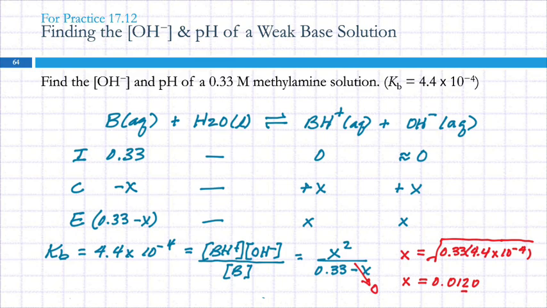Yeah, there's two roots to this equation, right? One's positive and one's negative. Any questions about that? So what does x represent? It's the hydroxide ion concentration.